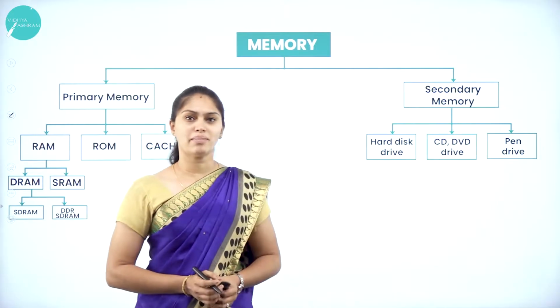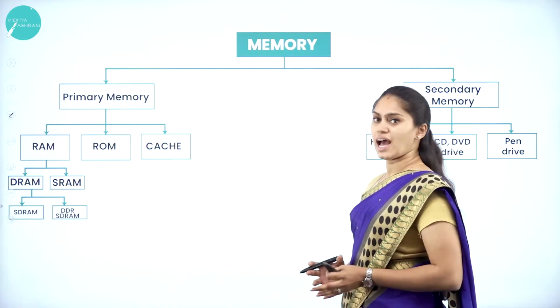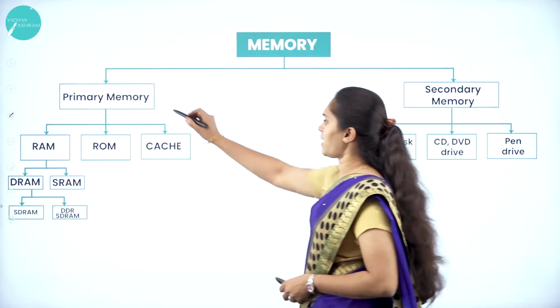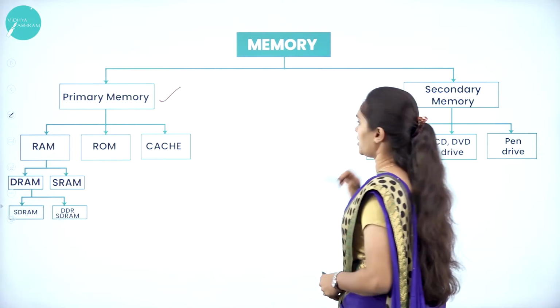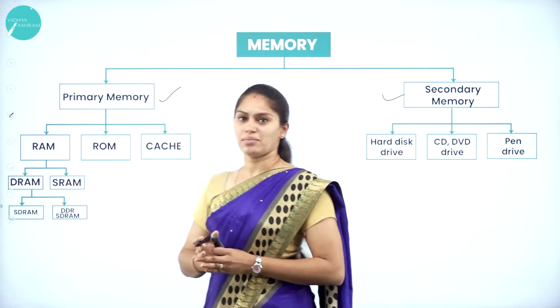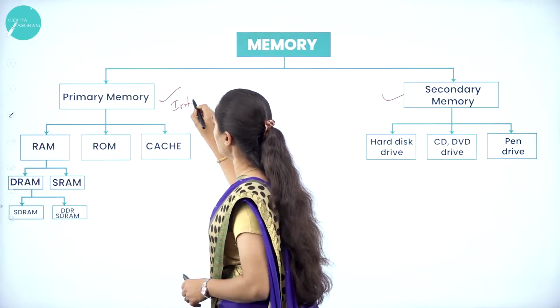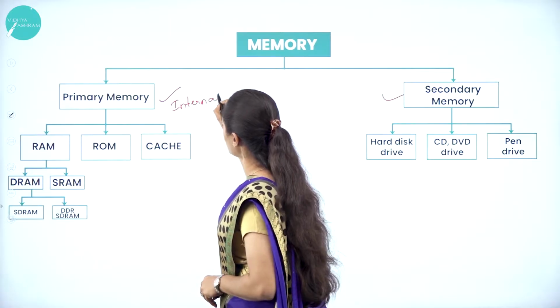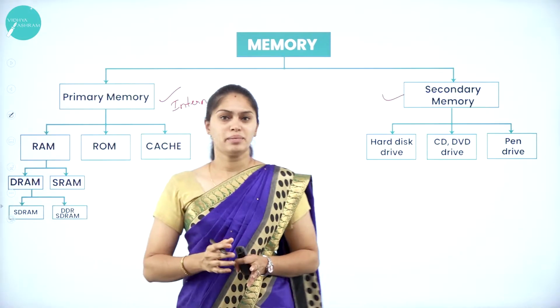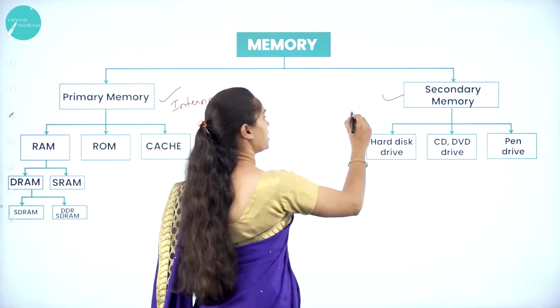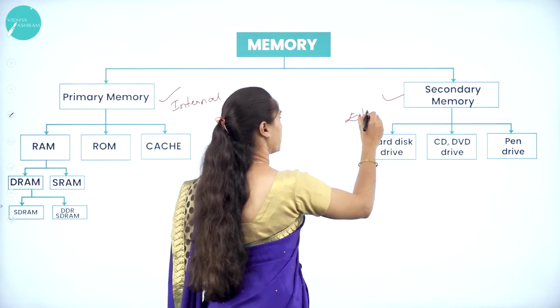Coming to the mapping of memory, we have two kinds of memory, that is primary memory and secondary memory. Primary memory is also known as internal memory, and secondary memory is also known as external memory.